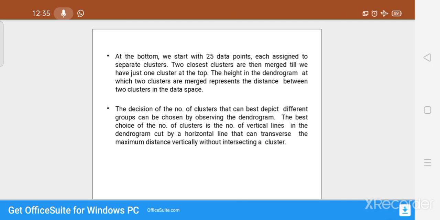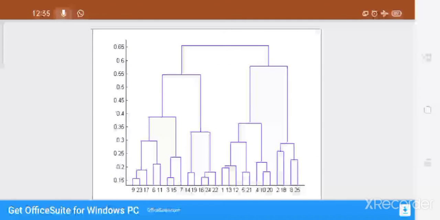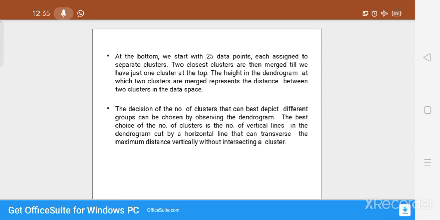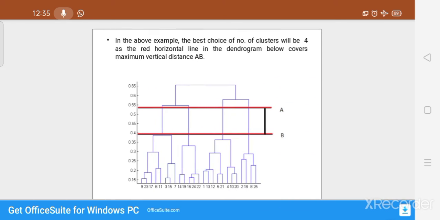So the best choice of number of clusters is the number of vertical lines in the dendrogram cut by a horizontal line that can traverse the maximum distance vertically without intersecting a cluster. Means whichever is the best choice of number of clusters, how can we find it? By cutting horizontally and by considering the vertical lines in between. If that vertical line covers the maximum distance, that is the best choice of number of clusters.